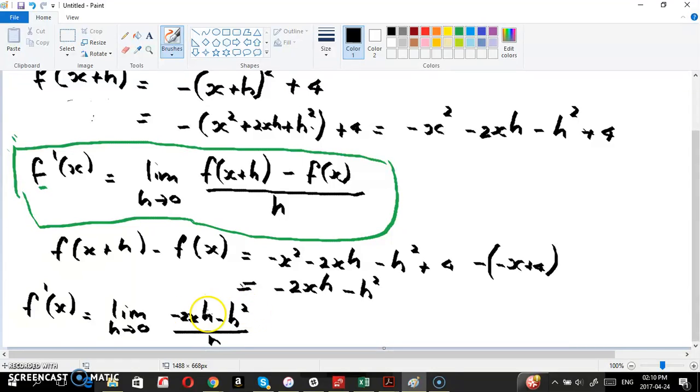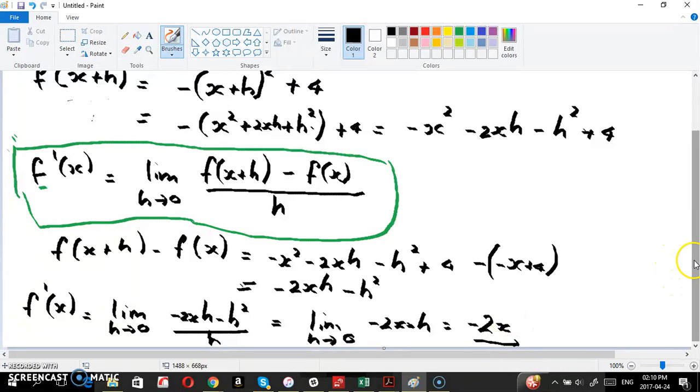Now what you'll notice is that we have a common factor of h in the numerator that can be pulled out. And if I pull it out, it cancels out the h at the bottom, and I'm left with the limit as h tends to 0 of minus 2x minus h. And if I drop the limit, I then get negative 2x. And that's my answer.